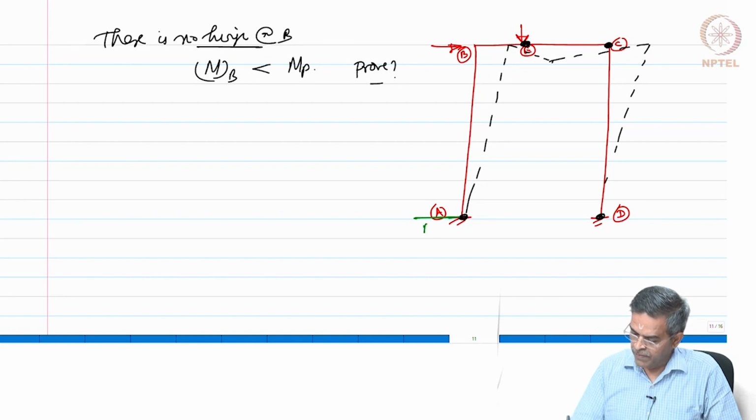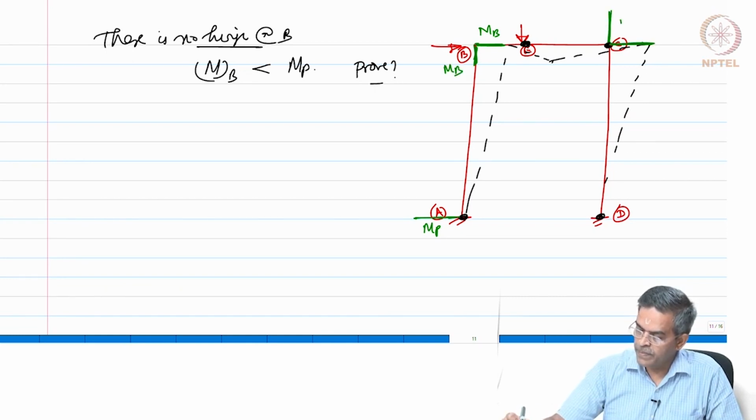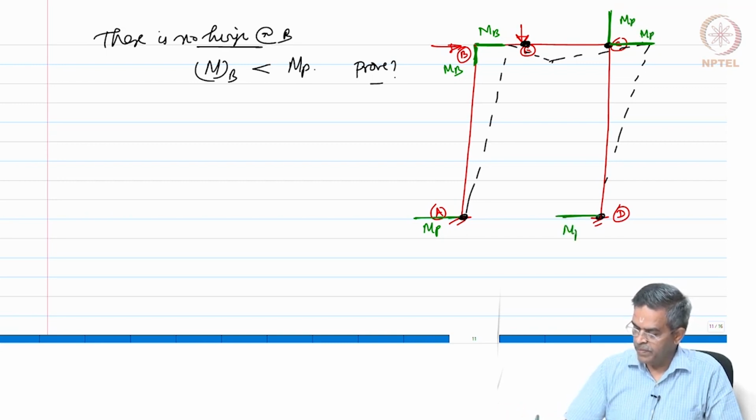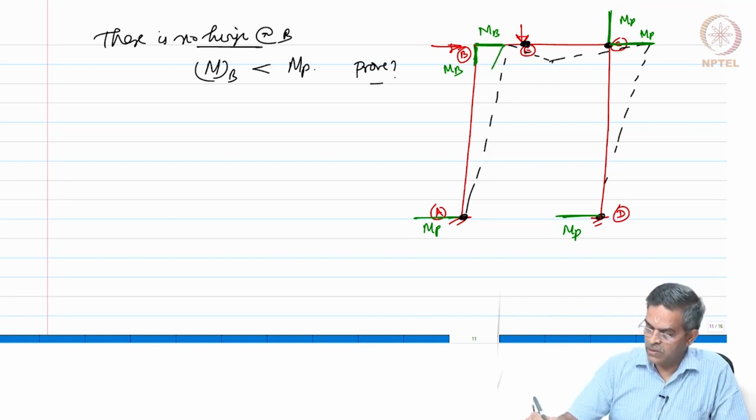So, this is MP and again this is MB, this is MB and this is of course MP and MP and MP. I am drawing BMD on the tension side. So, I am just joining this.